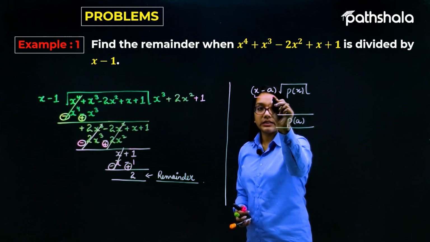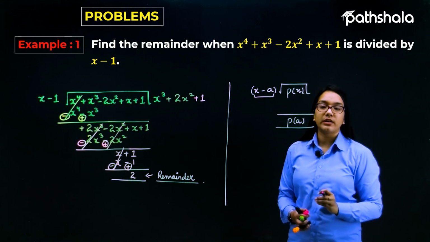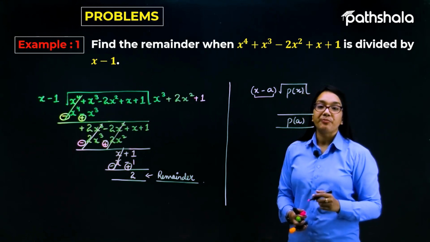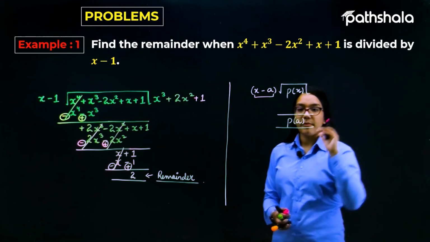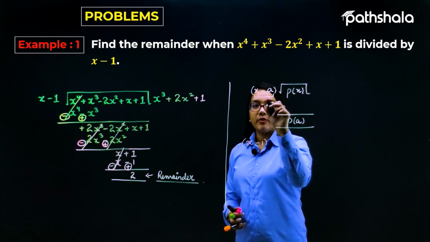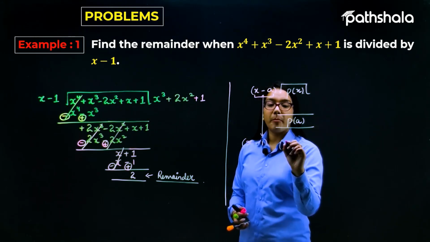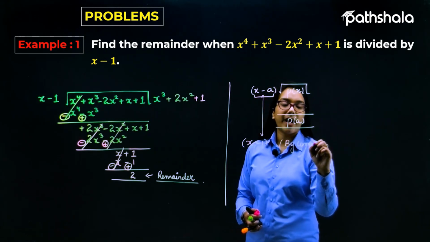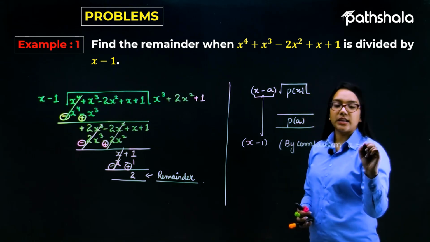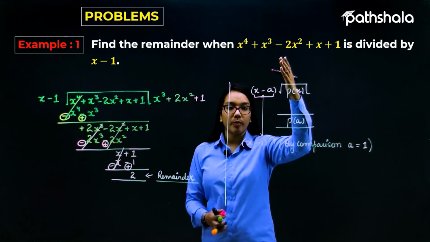This a in the linear polynomial is the value that we substitute in the polynomial. In this example, we have the linear polynomial x minus 1. By comparison, we know that the value of a is 1. So substitute a as 1 in this polynomial.